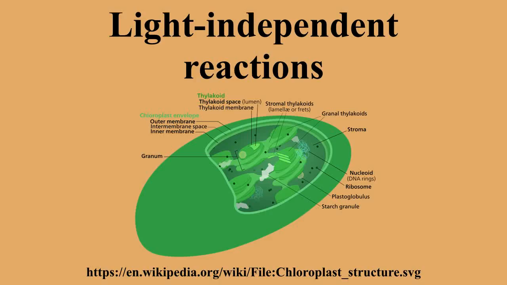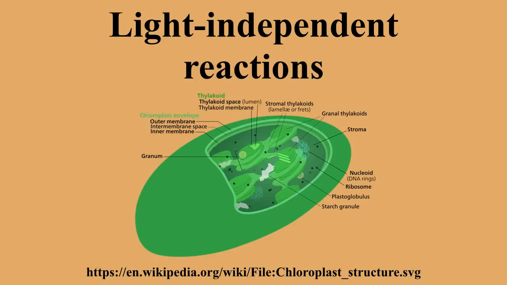The enzyme glyceraldehyde 3-phosphate dehydrogenase catalyzes the reduction of 1,3-BPGA by NADPH. Glyceraldehyde 3-phosphate is produced, and the NADPH itself is oxidized and becomes NADP+. Again, 2 NADPH are utilized per CO2 fixed.